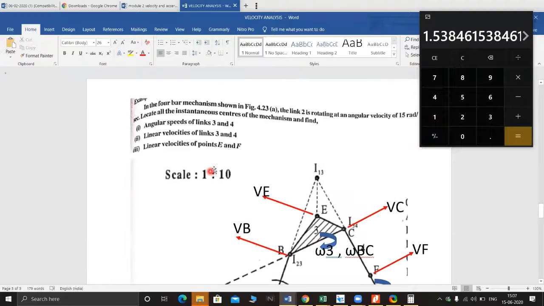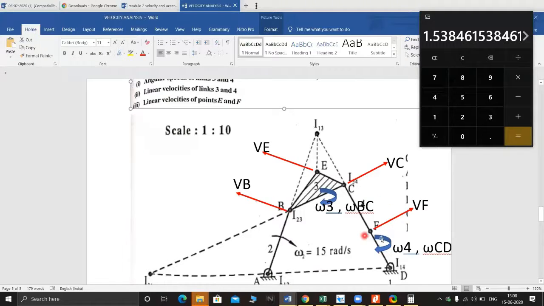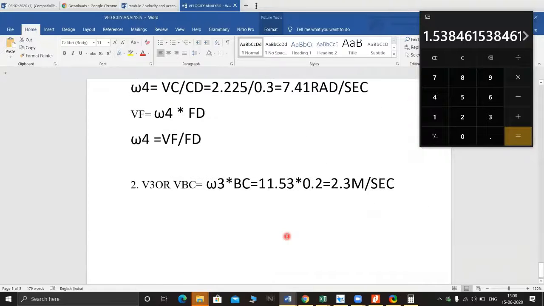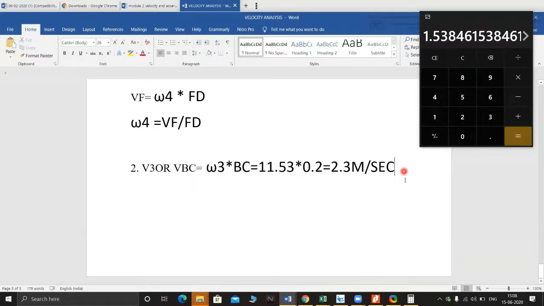And next, the second question is V4. What is V4? We can call it the same thing: omega 4 into the length of link number 4. V4 is equal to omega 4 into the length of link number 4, that is CD.